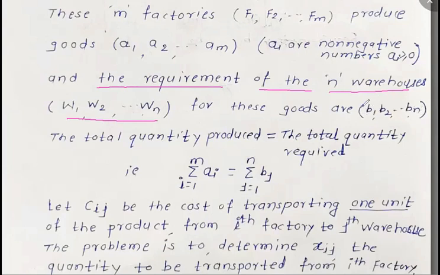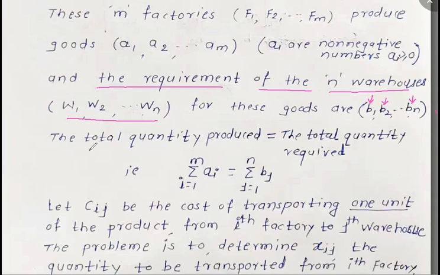That is, B1 is the quantity required at the first warehouse W1, B2 is the quantity of goods required at the warehouse W2 and so on. Bn is the quantity of goods required at the warehouse Wn.